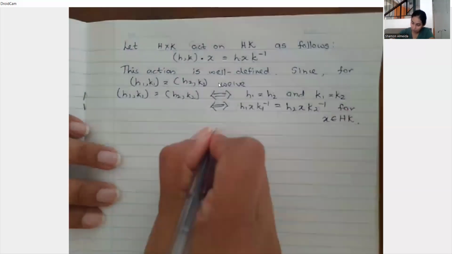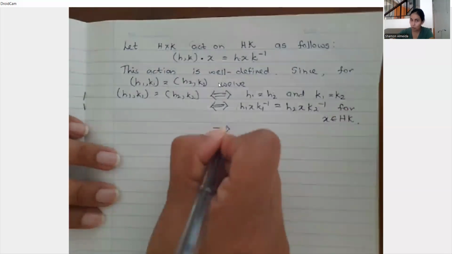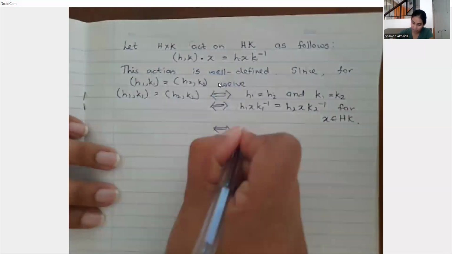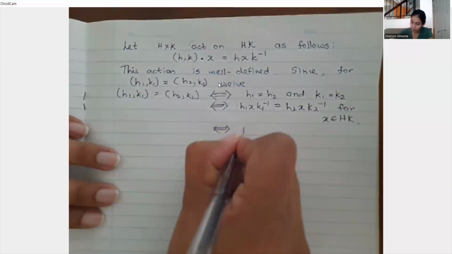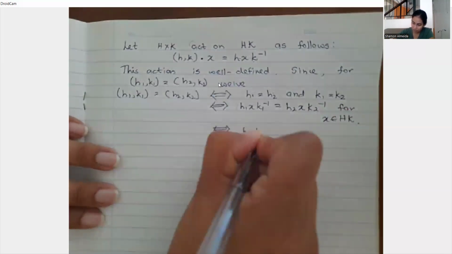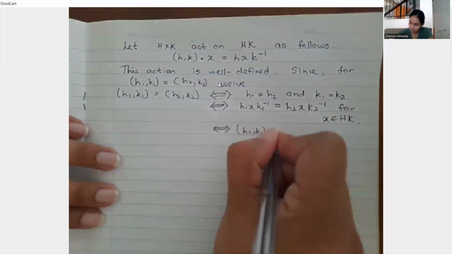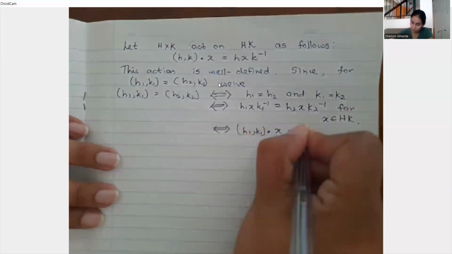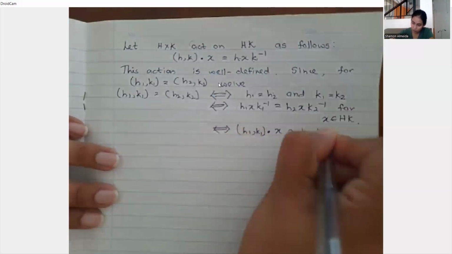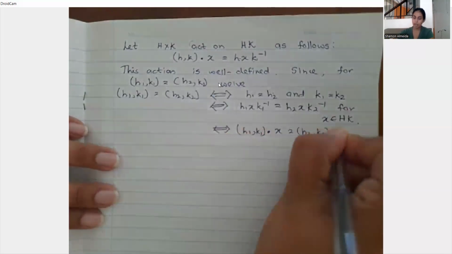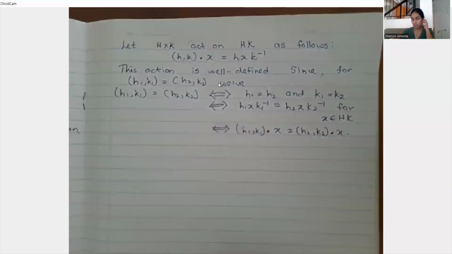And this is if and only if, going to the definition of the group action, we must have (h1, k1) dot x equal to (h2, k2) dot x. So by definition, we see that the action is well defined.